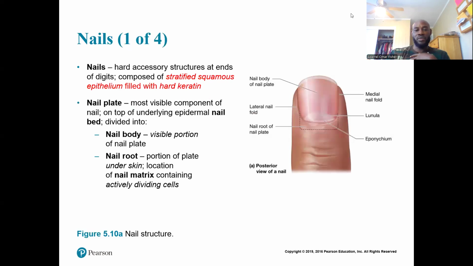That's what makes up your nails. You have the nail body, which is the visible portion. You also have a nail root, which is under the skin. That's where the matrix is. Again, you're pushing these cells out as they are actively dividing and growing, and being pushed out. Then they are dying.